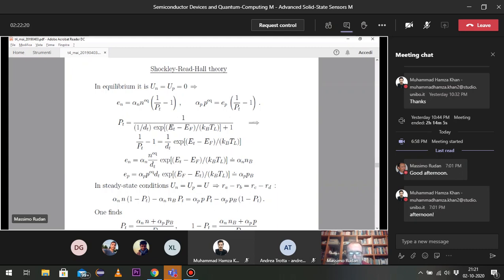Of the trap energy, of course, because PT is calculated at the trap energy, minus the Fermi level over kT, plus 1, okay? In this relation here, we have 1 over PT minus 1. So 1 over PT is the denominator, and minus 1 is the denominator without this plus 1, okay? So 1 over PT minus 1 is simply 1 over dt times this exponential, okay? And we can replace it in here.